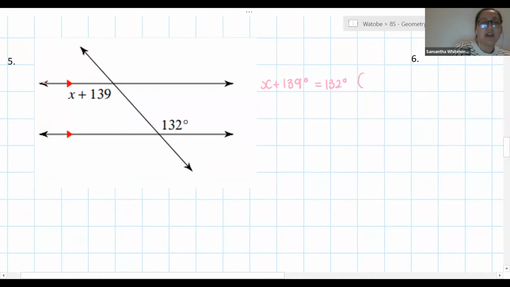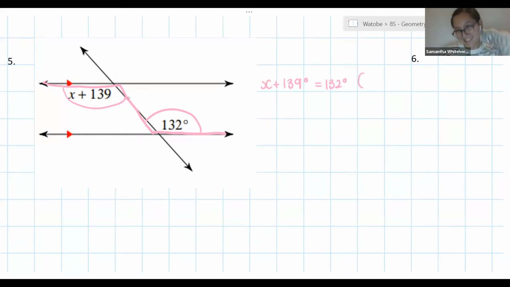So here we're actually working with a Z shape, and we're saying that those angles are equal. Do you agree, Cornelia? Okay, Cornelia, I hope that you got that. If you didn't understand, you're welcome to put your question on the answer.